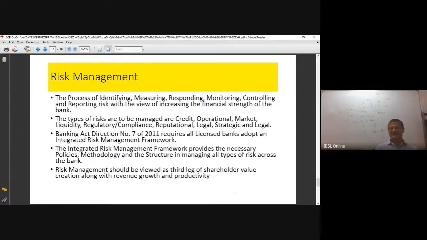Respond means you have to say yes or no, accept or avoid. In banking, in our papers, we say approve or decline. So this process starts with identifying the risk, then you do calculations and see whether we are going to make a profit. If you are going to make a profit, you respond by approving that transaction. If you are going to make a loss, you will tell the customer, sorry, we cannot go through with this. Therefore, we decline your proposal. So that is the process: identifying, measuring, responding.